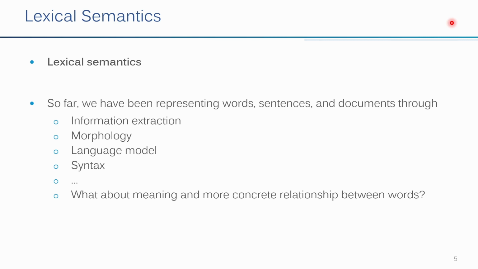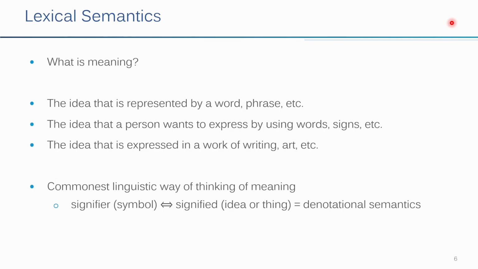Yeah, so I guess the first thing that we have to keep in mind is what is meaning, right? It can be an idea that's represented by a word, a phrase, or an idea that a person wants to express by using signs, or an idea that is expressed in a work of writing, art, and so on and so forth.